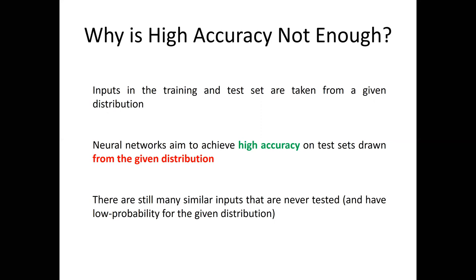The problem is that even though you get high accuracy, there may still be many very, very similar inputs to the ones that you trained or tested on that may have, for instance, low probability, low measure under the distribution, and so you may have actually never seen them during training or testing, with the datasets that we have.